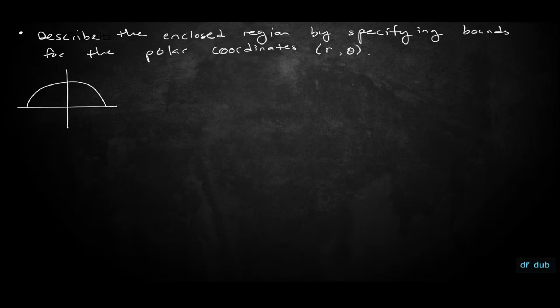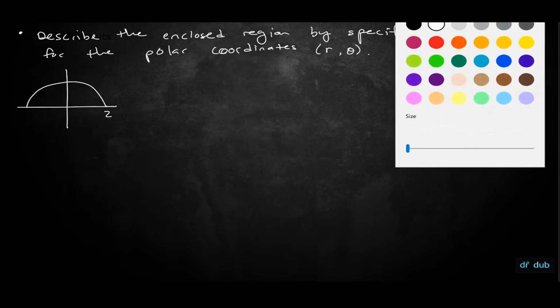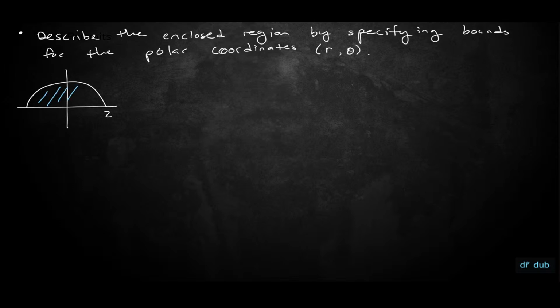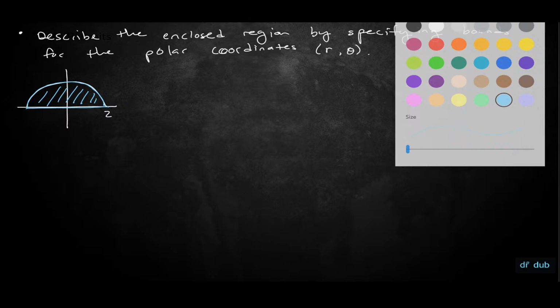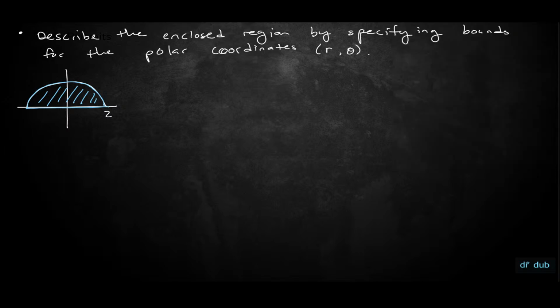So a nice semicircle here. Let's say it's a radius of 2, and it's the enclosed region in blue. And then another region. Again, it's going to be a semicircle of radius 2, but now it's over here.